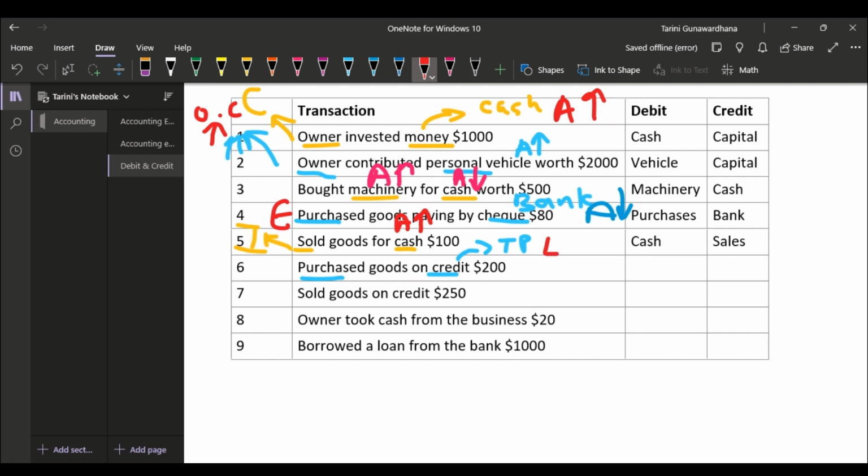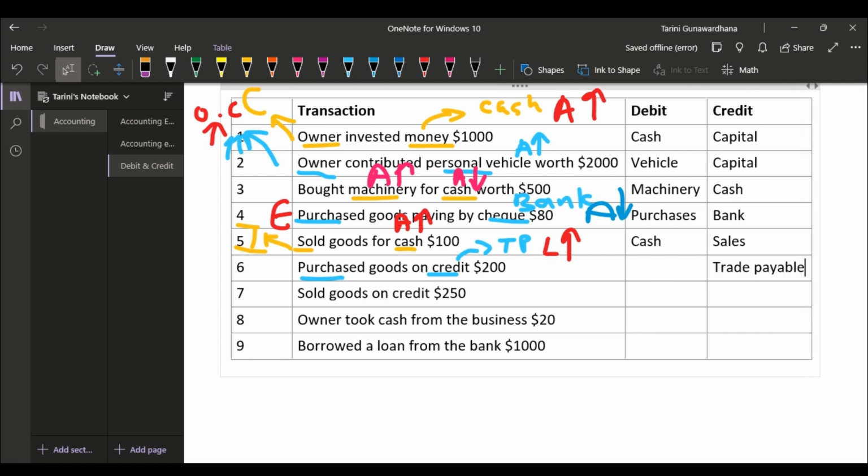So when you buy goods on credit, the liability increases because someday we will have to pay. We are obliged. So liability increasing is a credit. Trade payables, or creditors you can say. And it's a purchase, which is, as we discussed before, an expense, and that is a debit entry, purchases.